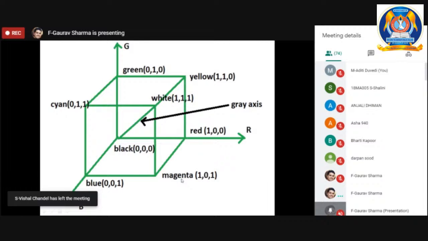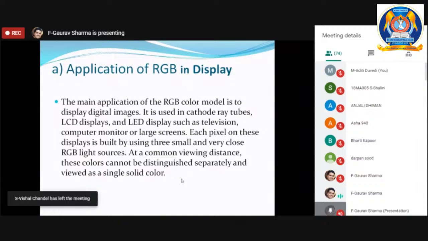Now where is this RGB used? The very first application of RGB is the digital display, like the monitor I am using. It is also using the same concept of RGB.